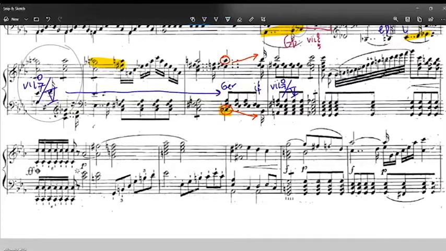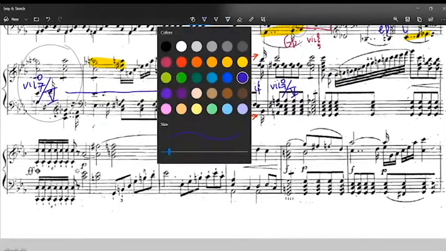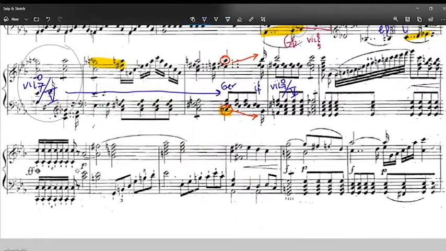Let's go on. So you have this diminished of 7, and then that becomes, which is the same move I was talking about earlier. One of the notes of a diminished chord dropping down by semitone and becoming a dominant of D flat in principle, but it's actually used again as a German.